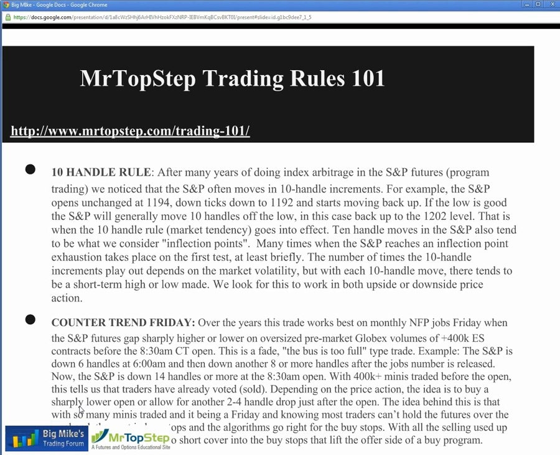We can read this, but for example, the S&P opens at 1194, down ticks to 1192. If that's the actual low, we feel strongly that if the S&P is good, it's going to move up to 1202. We believe that the S&P moves in 10 handle increments, but also those increments become inflection points.